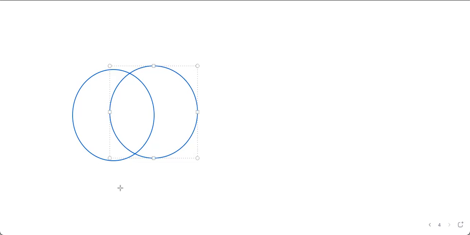That means center and center. And it says the distance between their centers is 12. Okay. So what is 12? This is 12. Now the question is, what is the radius of each circle?